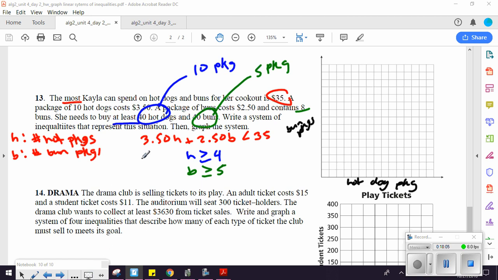So to take my first inequality and find the x-intercept, I would solve 3.50h less than 35 to get h by itself. So let's divide both sides by 3.50 and see what we get.